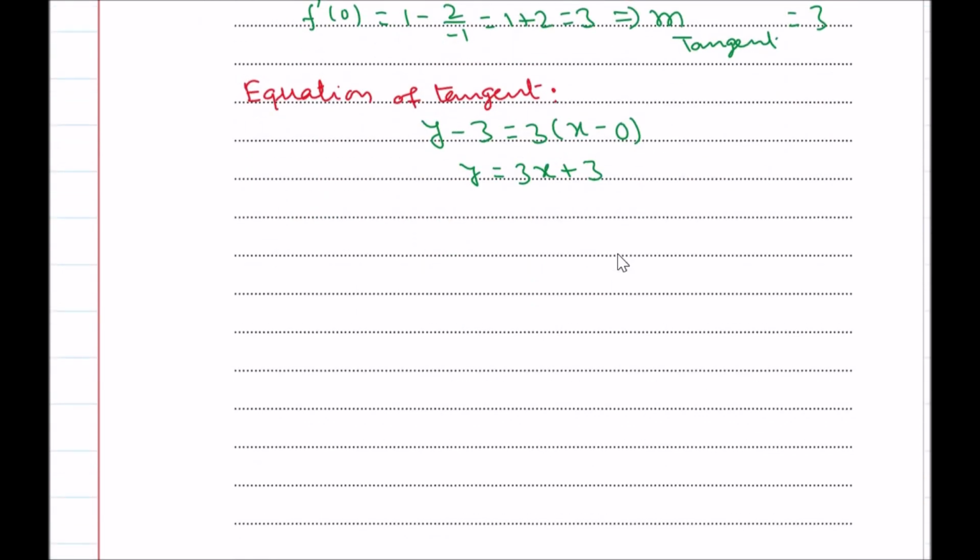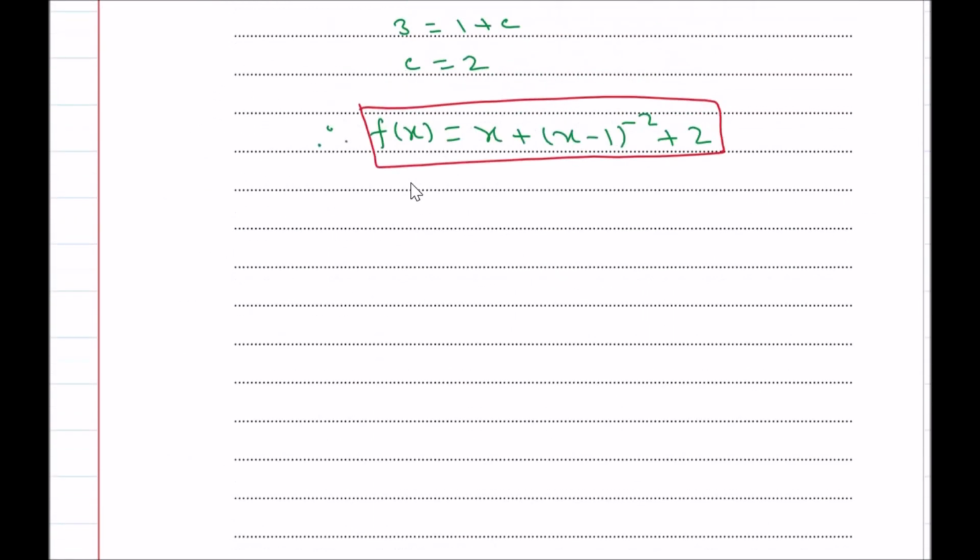Now, the tangent is intersecting the curve. So, the curve equation and the equation of the tangent both should be solved simultaneously. That means we can write both of them equal, because this is also y and that is also y.